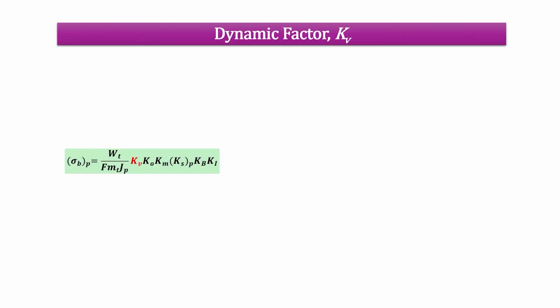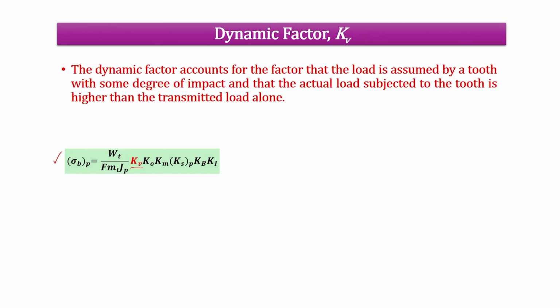Now, the next factor of the bending stress equation is the velocity factor. The velocity factor accounts for the fact that the load is assumed by a tooth with some degree of impact, and that the actual load subjected to the tooth is higher than the transmitted load alone.